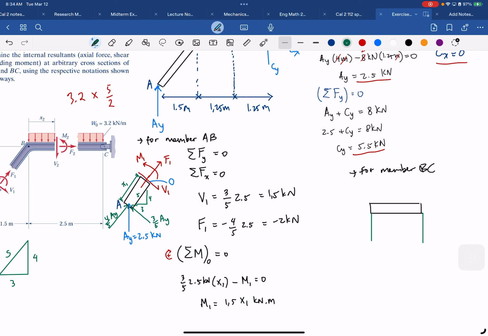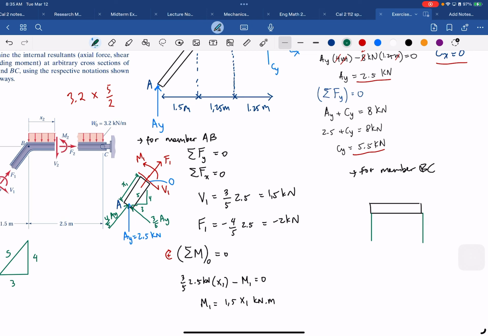if you want to compute this, you have two choices. You can choose this side, or you can choose this side. Both are correct. If you choose this side, you will have a force working on this AB, which you get from this F1.